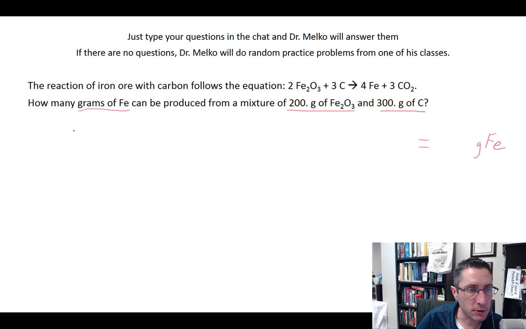I'm going to have to do one of these using the 200 grams of Fe2O3, and another one for 300 grams of carbon.